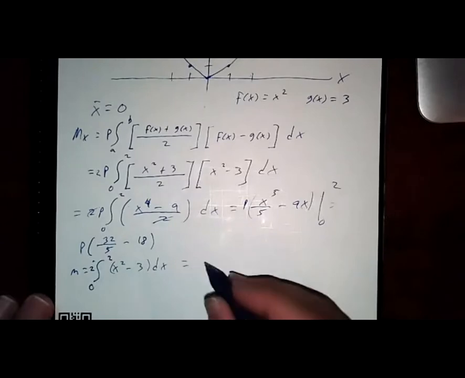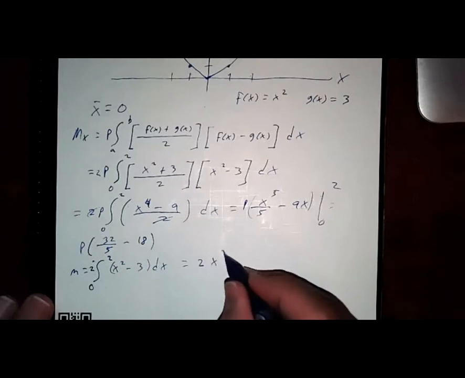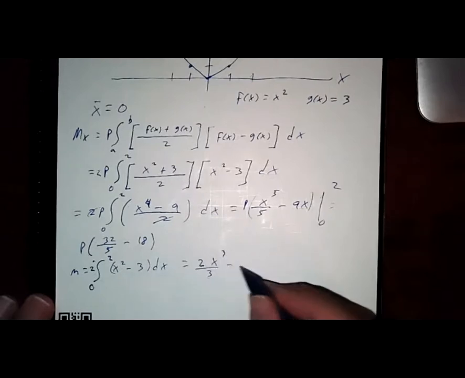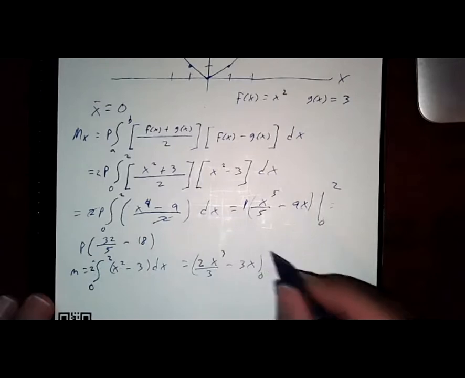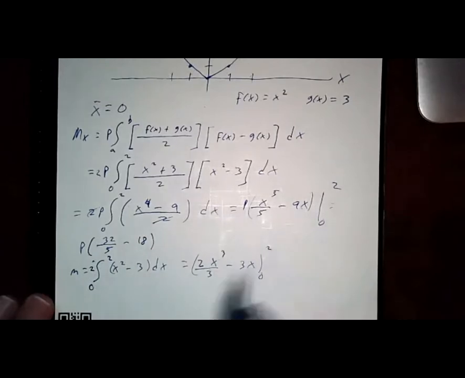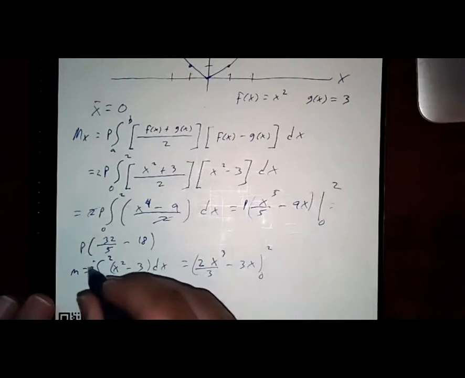So that would be equal to 2 times x to the third over 3 minus 3x from 0 to 2. Don't forget my p. There should be a 2p here.